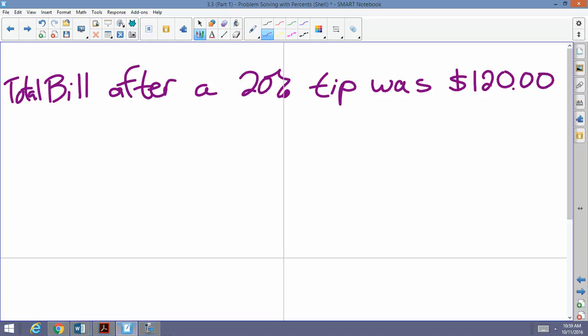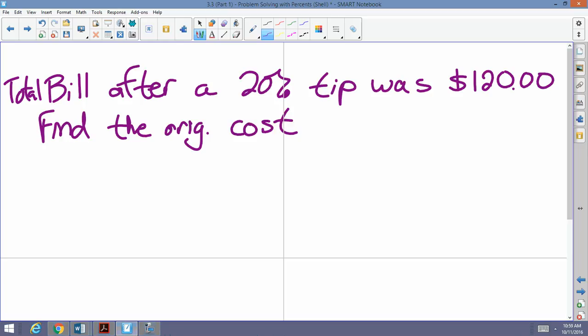Okay? I want to find the original bill or the original cost. How would I do that?